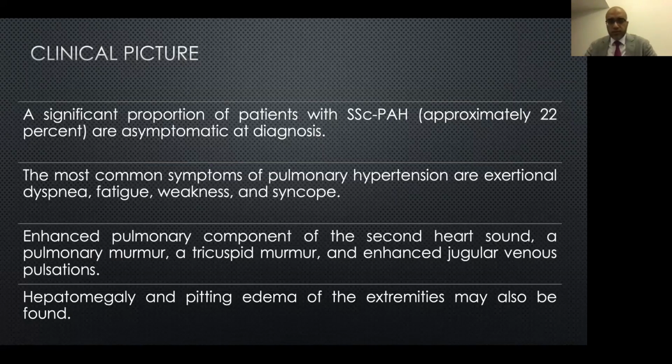But the most common symptoms that we can think about are exertional dyspnea, fatigue, weakness, and syncope. Examination may show enhanced pulmonary component, some murmurs in pulmonary and tricuspid areas, and enhanced jugular venous pulsations. In the late stage we can find hepatomegaly, pitting edema, and right-sided heart failure as a sign of late pulmonary hypertension.